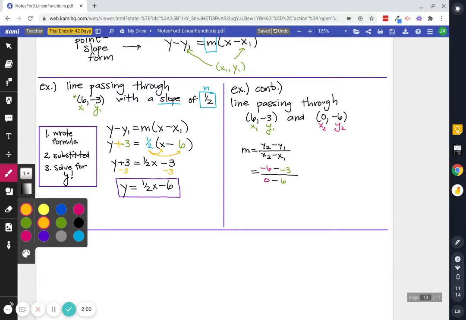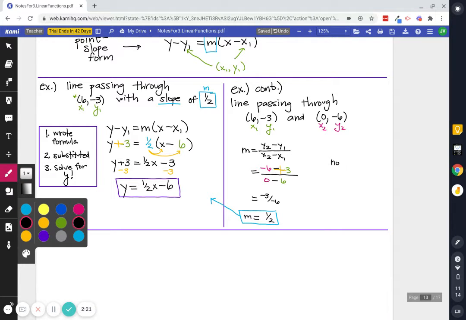And then I'm going to do some PEMDAS work and deal with the numerator of my fraction, -3 over -6, and reduce that to 1/2. Because now we found a slope. And now we can take that slope and plug it in.